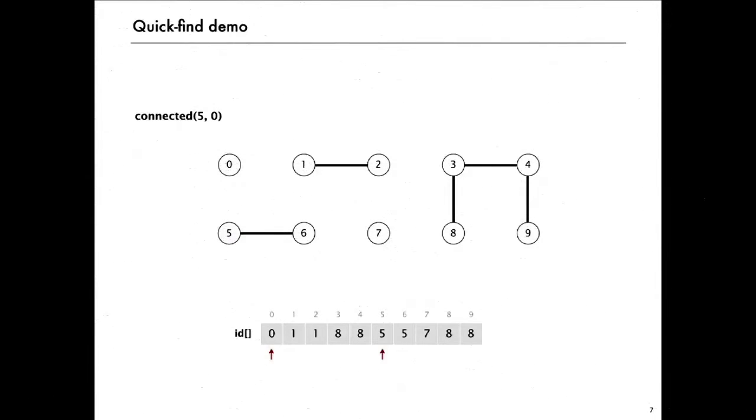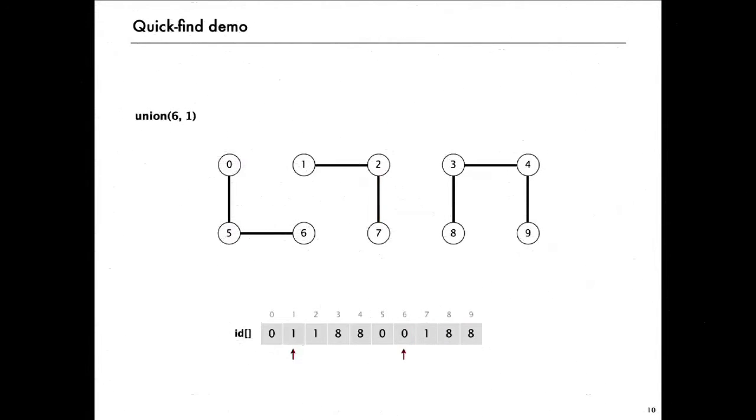And 5 and 0 have different entries. They're not connected, so we'd return false in that case. And then if we want to connect 5 and 0, then, as usual, we'll change the entries corresponding to both 5 and 6 to 0. 7 and 2, union 7 and 2, that's an easy one.